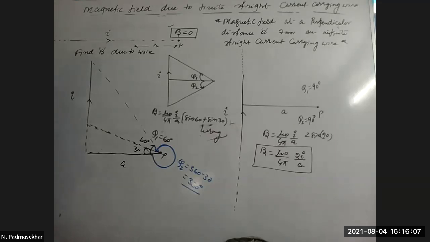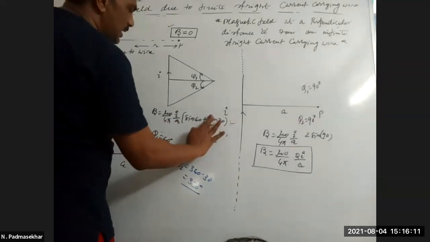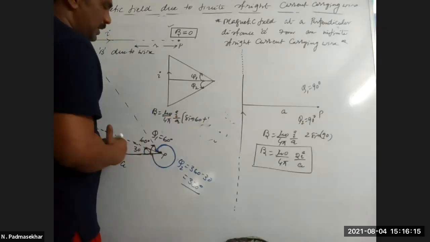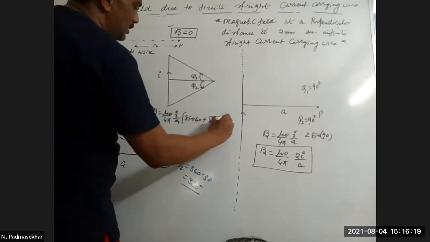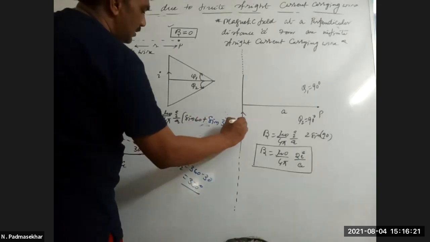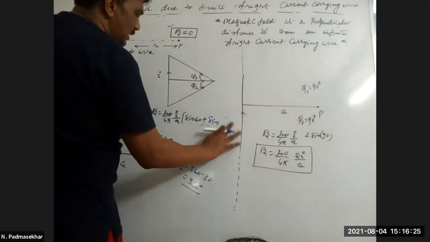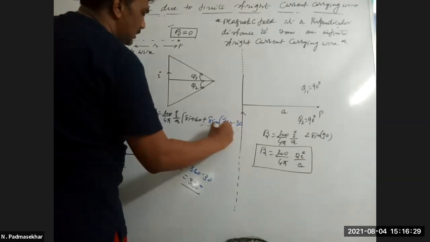Okay, so 330 degrees. Now here, sin 60, what should we take? B is equal to mu naught by 4 pi, I by A, into sin 60 plus sin 330, you have to consider. Sin 330 means 360 minus 30.